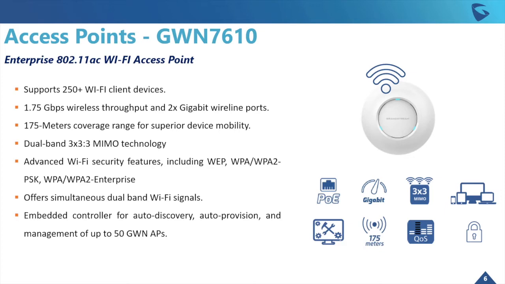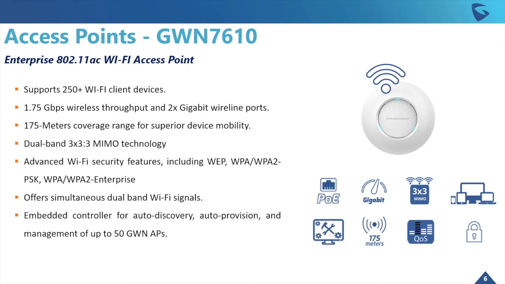WPA, or Wi-Fi Protected Access, was introduced as a security enhancement over WEP. Most current WPA implementations use pre-shared key and are commonly referred to as WPA Personal. They also use TKIP, which stands for Temporal Key Integrity Protocol, for WPA Enterprise.